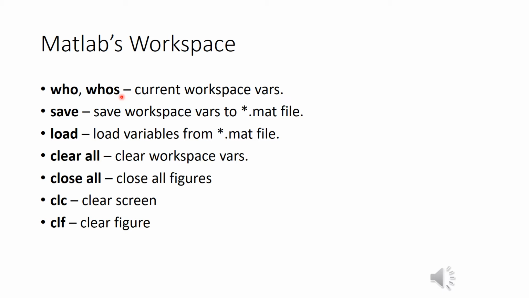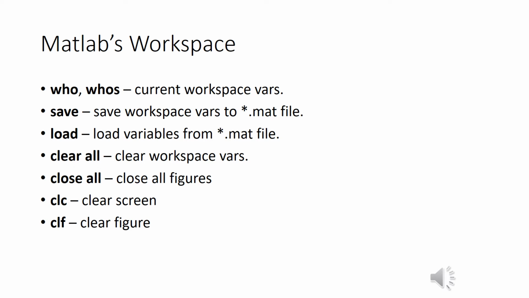And we have another command which saves workspace variables to a mat file. If you want to save your workspace variables to a mat file, then there is the command save. And we have another command which is load, and it actually loads all variables from the mat file into the workspace. Also, we have other commands like clear all, which clears your workspace variables.